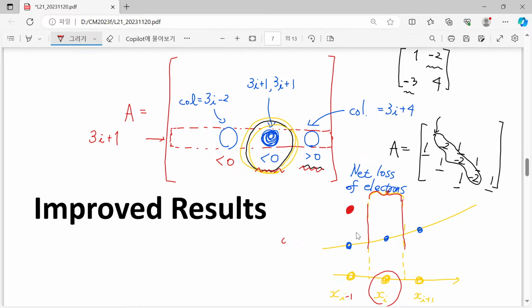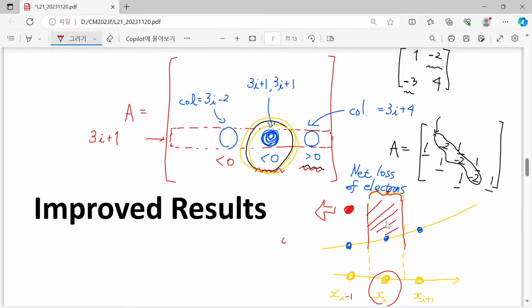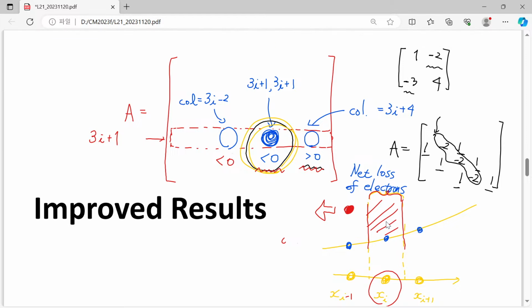How can that happen? It's not possible in our physical world, because in the worst case, let's say that all of our injected electrons just flow away to the left side, but that does not change anything in this central node. However, if you make a wrong discretization, then you will eventually have this wrong sign for your Jacobian matrix.